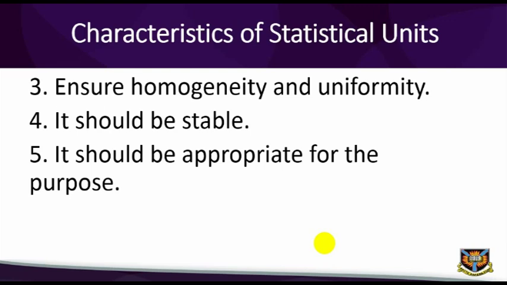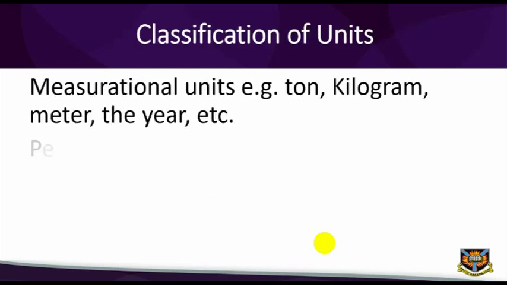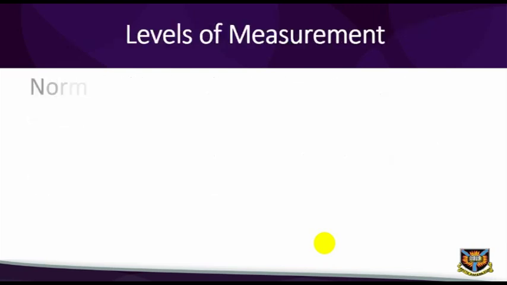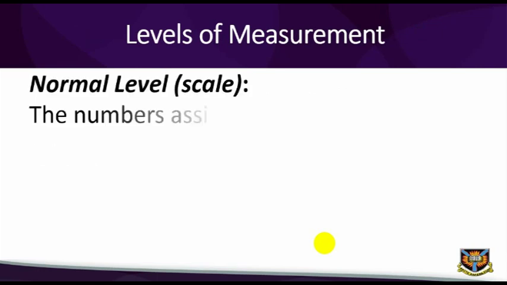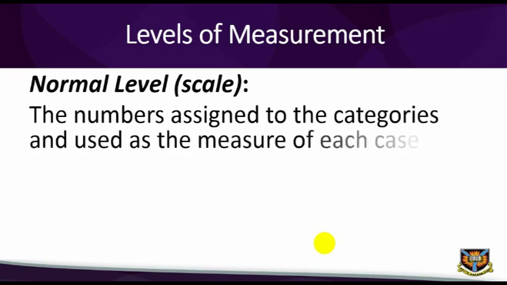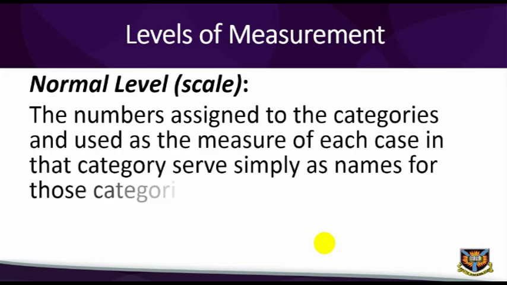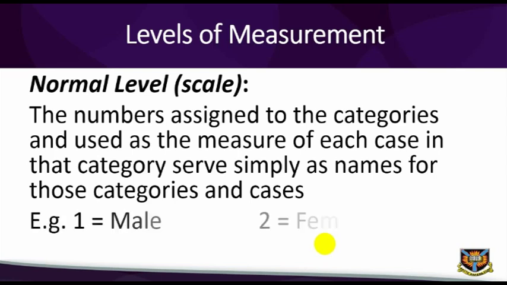The numbers assigned to the categories and used as the measure of each case serve simply as names for those categories and cases, e.g. operational definitions for gender. Categories are 1 equals male, 2 equals female. The names and numbers are interchangeable at the nominal level of measurement. The numbers simply distinguish among cases that possess different qualities.